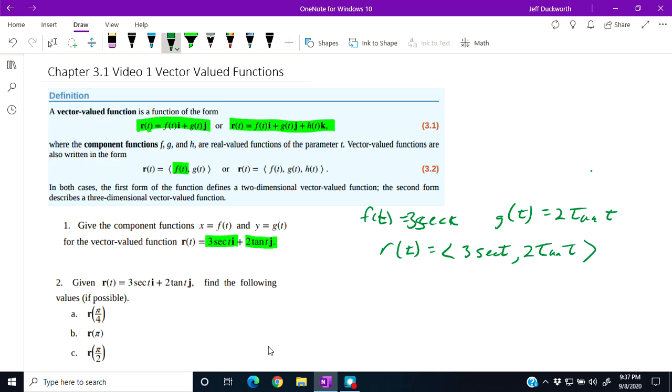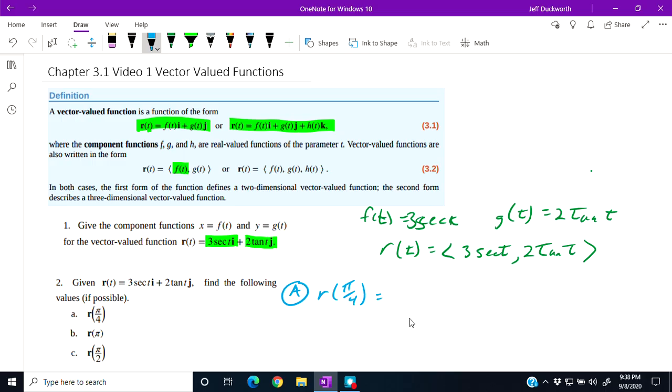The next problem, we get 3 different parts. So we're given this r of t is equal to essentially the same thing we have from part 1. We want to evaluate this at these 3 points. So for part A, we want r of pi by 4. So we've got our different values there.